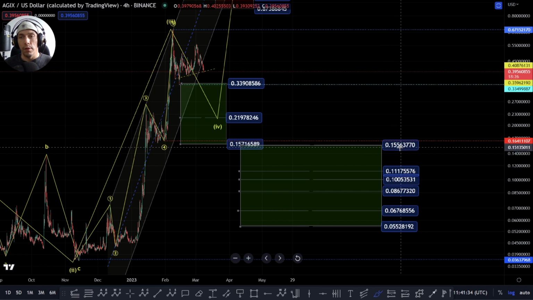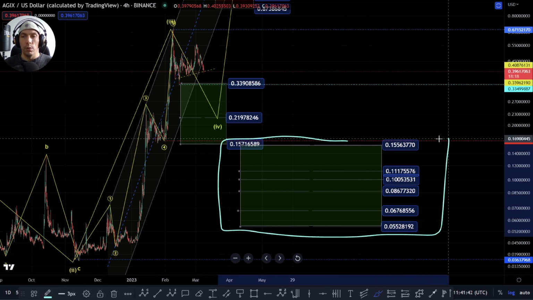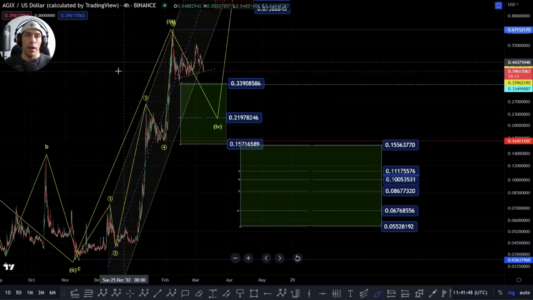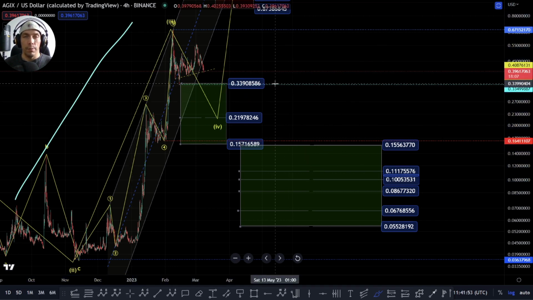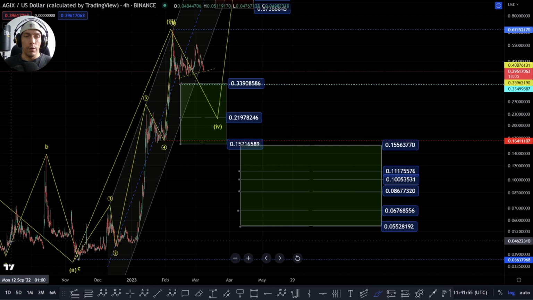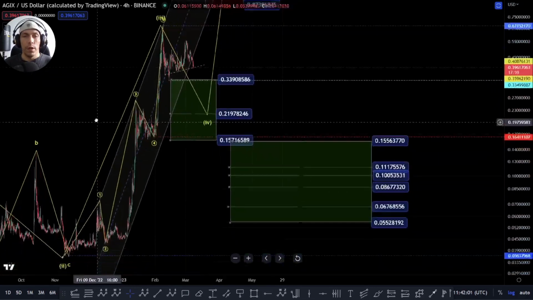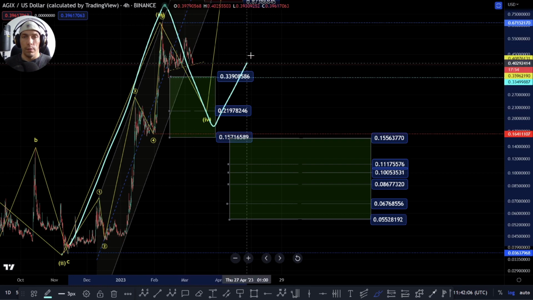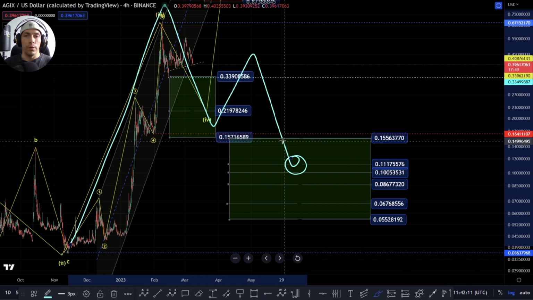The key area of support would be this 0.1556 to this 0.0552 zone at the lower range here. So this would be our key area to hold if we are looking for bullish potential here, whether this is an A wave completed, and then we're just looking for a B and a C if it's going to develop as a corrective structure, or alternatively, if we're looking at that impulse, then we'd have potentially this move as a 1-2 here, and effectively another 1 and a 2 down into this zone, looking at this as a three-wave structure down into this area, looking for that support potentially towards this 50% zone.